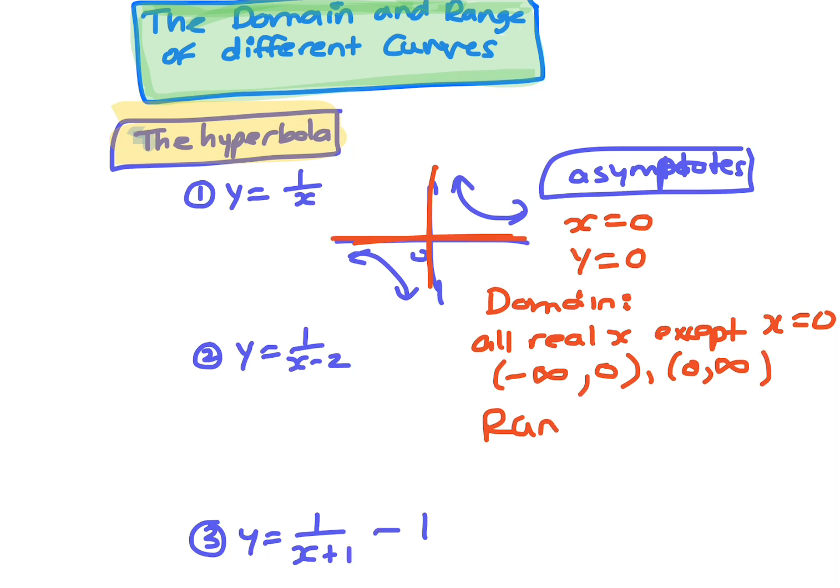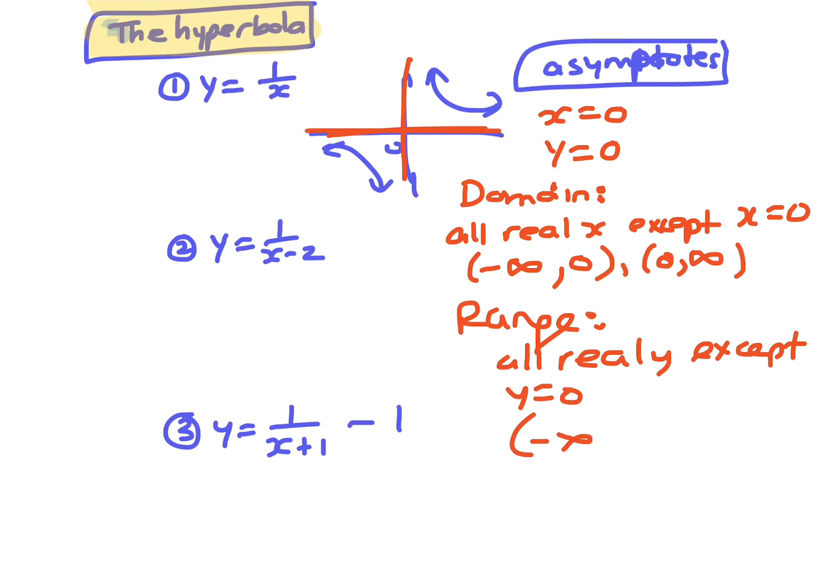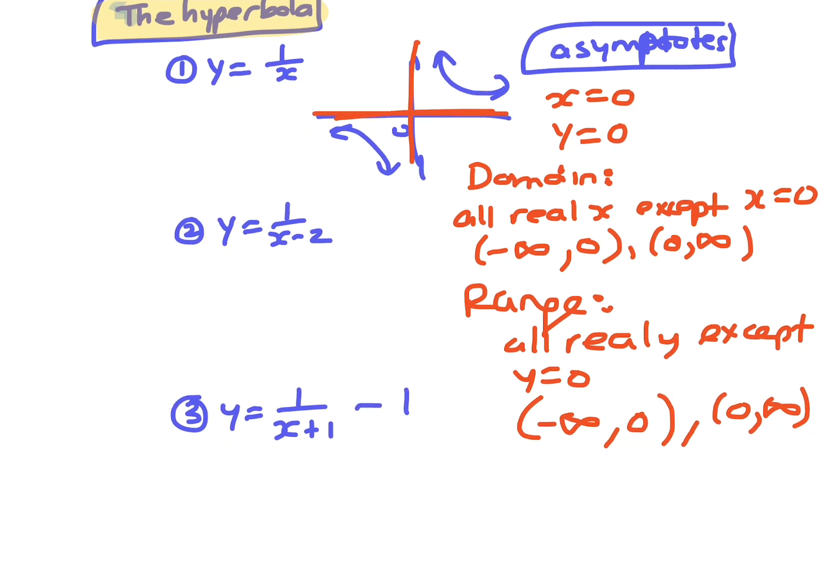The range would be all real y except y equals 0. And if you write it with the infinity, it's the same thing. Minus infinity to 0, 0 to infinity.